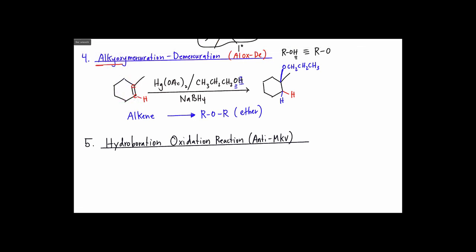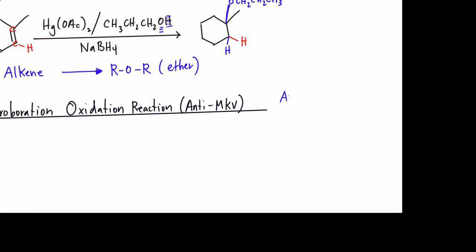When something is anti-Markovnikov, you can think about H going to the carbon in the alkene with the least amount of hydrogen. Anti-Markovnikov.